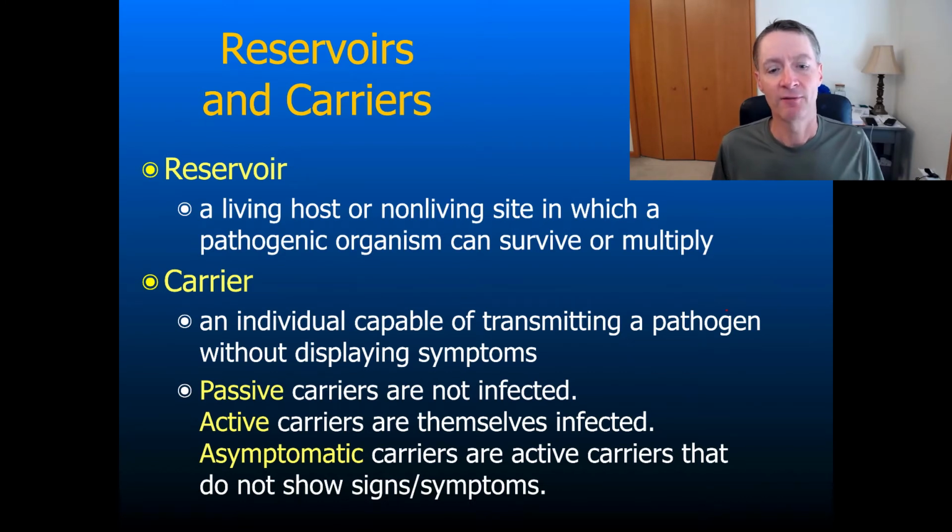You would be a passive carrier, not infected, and yet you brought that pathogen from one person to another. You could be an active carrier where the person is actually infected, okay? And they can carry it around that way. Or you can also be an asymptomatic carrier. So you could actually have been infected, but you're not showing symptoms yet. So you don't even know that you have it, and then you go on and pass it to someone else.